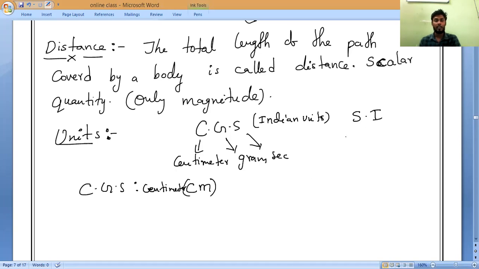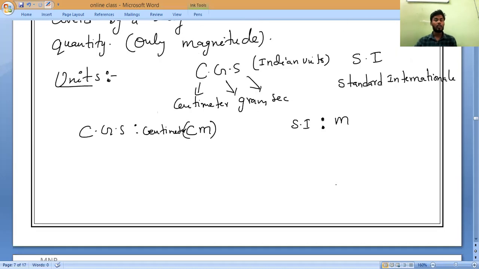In the same way, SI means standard international unit. What is the SI unit of distance, guys? If it is centimeter in CGS, here meter will come. So centimeter is the CGS unit, meter is the SI unit.